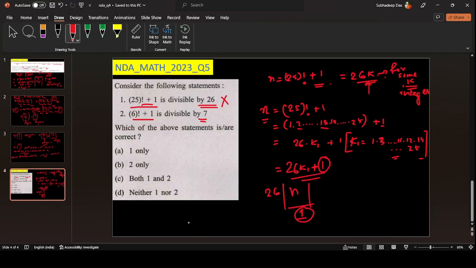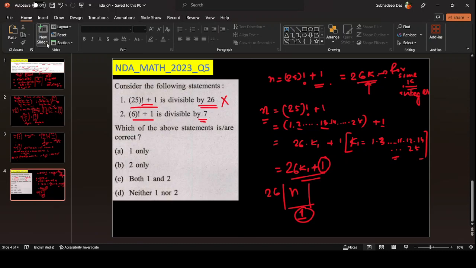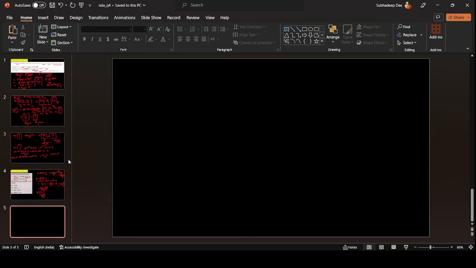Similarly, we consider the second statement. Take m equals factorial 6 plus 1. See that for factorial 6, these are the numbers, plus 1.